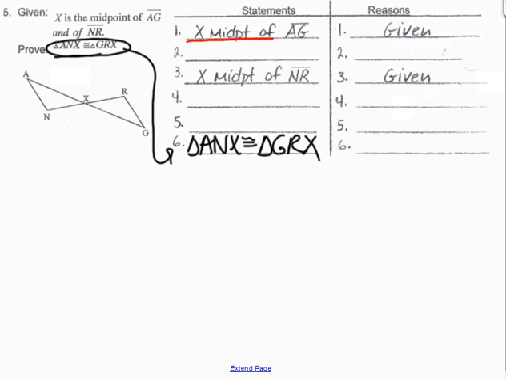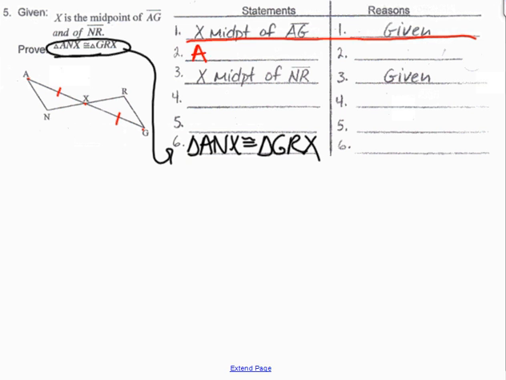Okay, they say X is the midpoint of AG. That's not a congruent part, so I'm not going to move on to green yet. I need to use this statement to come up with a congruent part. So X is the midpoint of AG. Where's AG? Here it is, A and G. Well, just like the last one, if X is the midpoint, it divides that segment into two congruent parts.